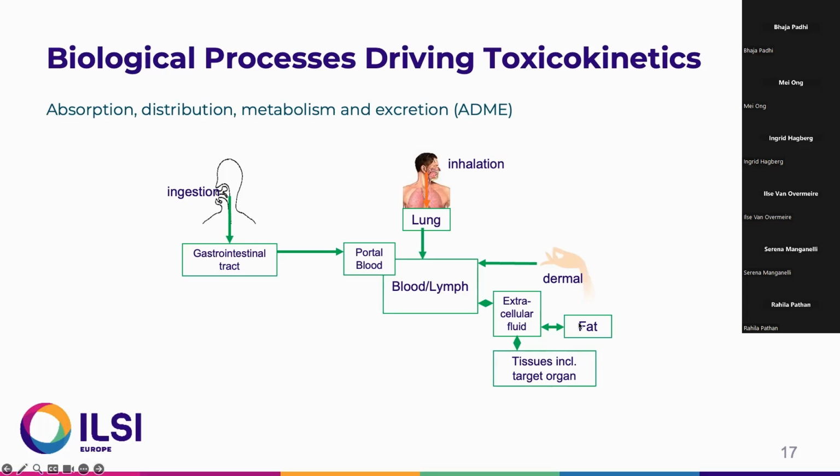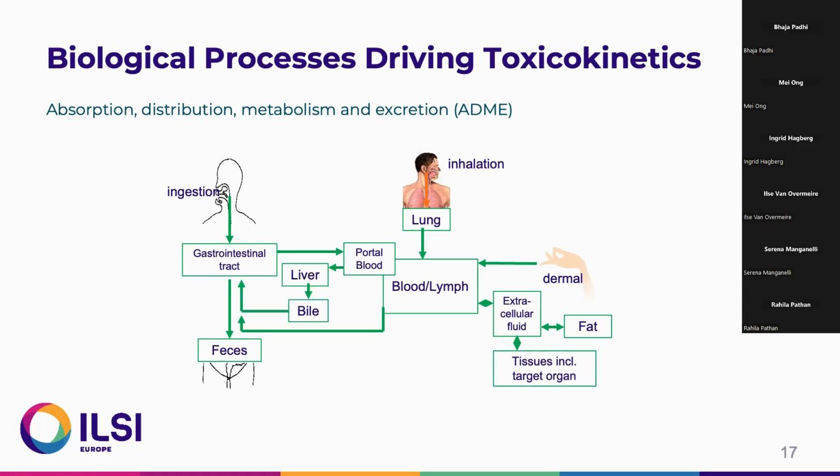This would be tissues like fat or every other tissue that there's no toxicity in, or at least the toxicity that you're looking at. Of course, not every part of the chemical that is in your gastrointestinal tract will actually be absorbed. Much of it can actually just go straight into the feces. But if it does get absorbed, it can go from the portal blood straight into the liver and be metabolized, go through the bile and then be excreted right back into the gastrointestinal tract, which we would call biliary excretion.